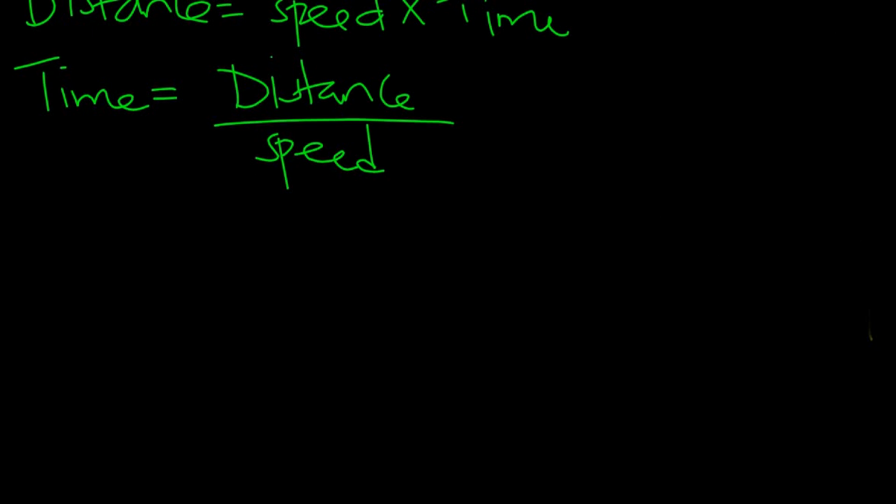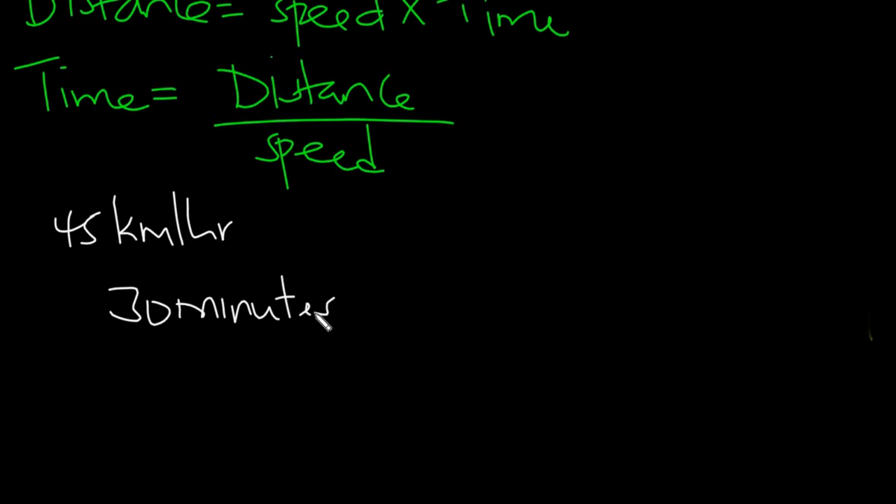Let's find the distance that a cyclist moving at a speed of 45 kilometers per hour will cover in 30 minutes. So we're going to find distance in kilometers.